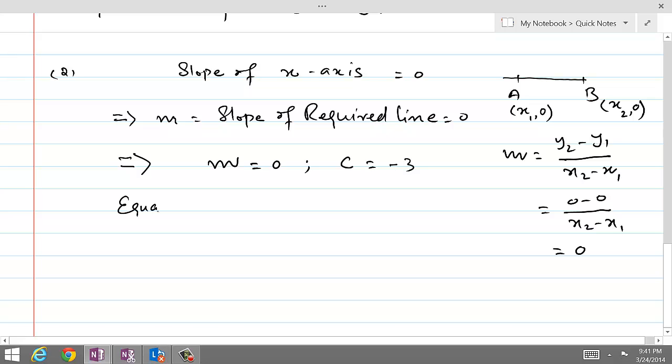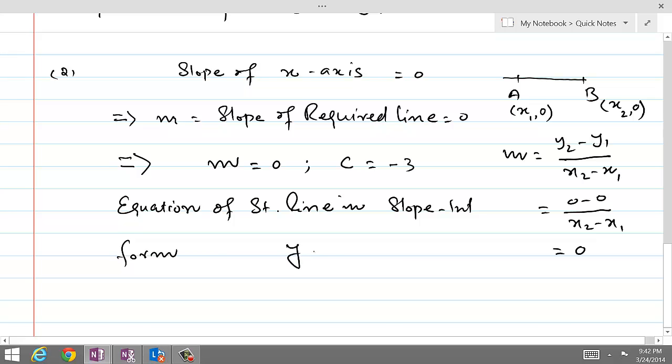Again, the equation of a straight line in slope-intercept form is y is equal to mx plus c. In this form, m and c are the only parameters, the only 2 values we need to know.